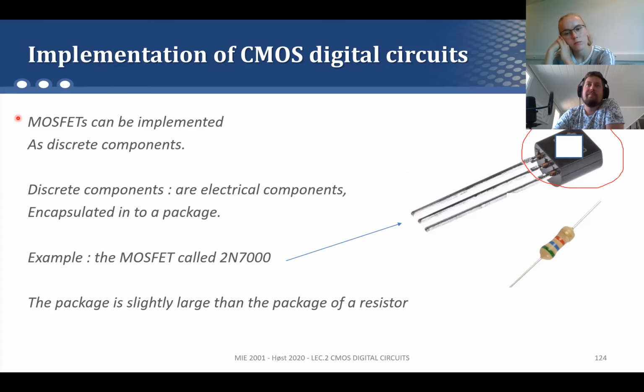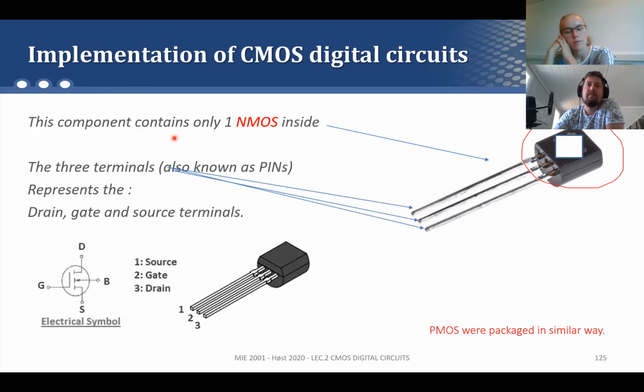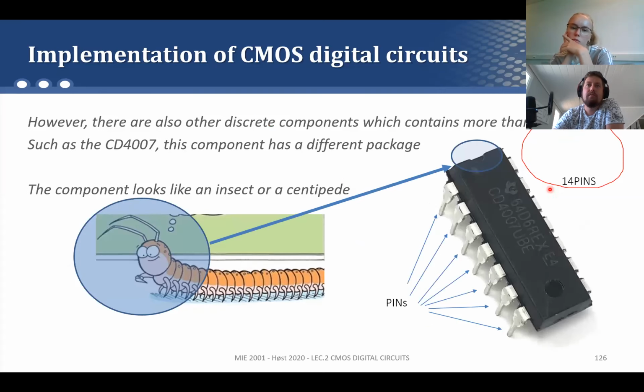Okay, let's go forward. What you will use in this course is called CD4007, which is this one here on the right. This one looks like an insect or a centipede. The most important part of the centipede is the head, of course.